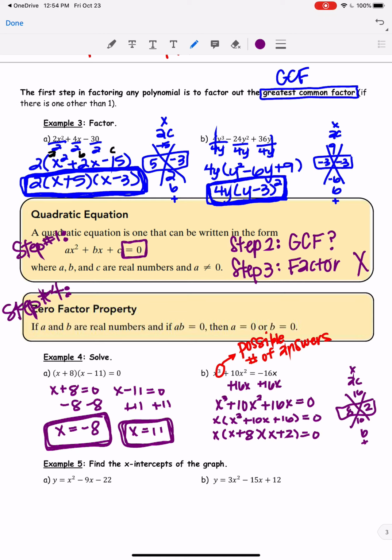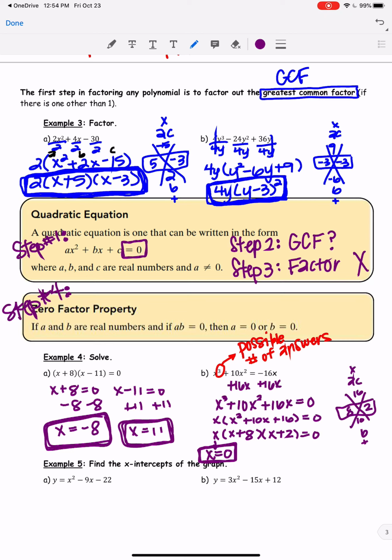I've done step 3, so now I'm over here at step 4. I need to set each of my multiples equal to 0. Well, how many multiples do I have? I've got x, because we could multiply that x right in, we could distribute it, so that's a multiple. We have x plus 8 and we have x plus 2. So I'm setting all three things equal to 0. This first one is simply x equals 0.